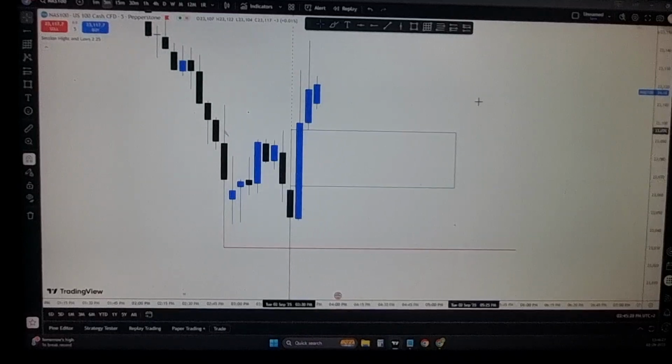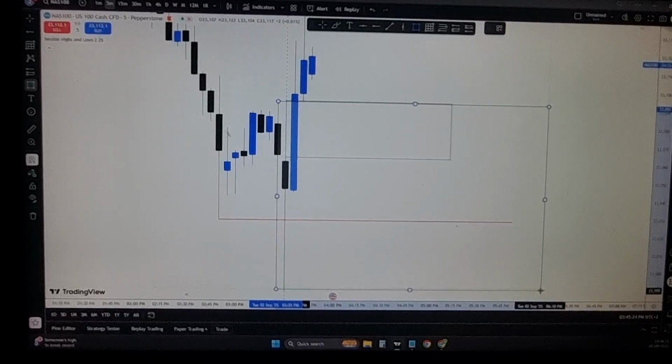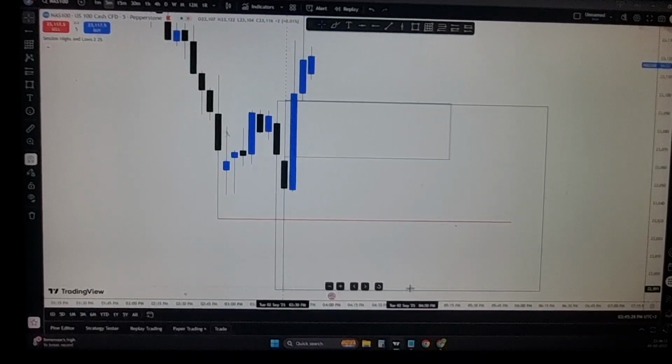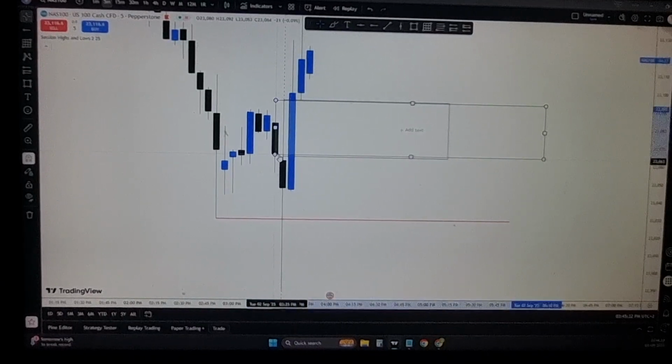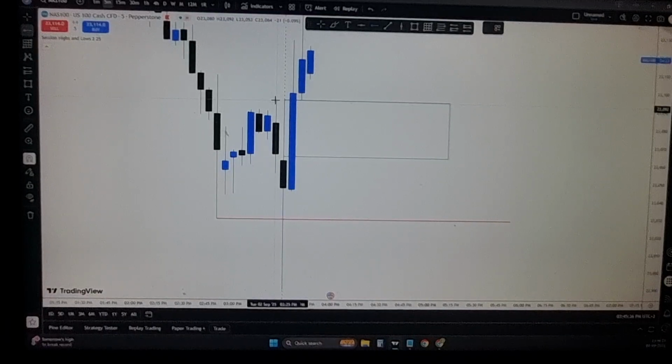Okay, so let's see. This is our order block. I don't like to mark it out this big. Okay, so the order block is basically where the fair value gap is. Okay, so this is the order block. Let me just put the lines.